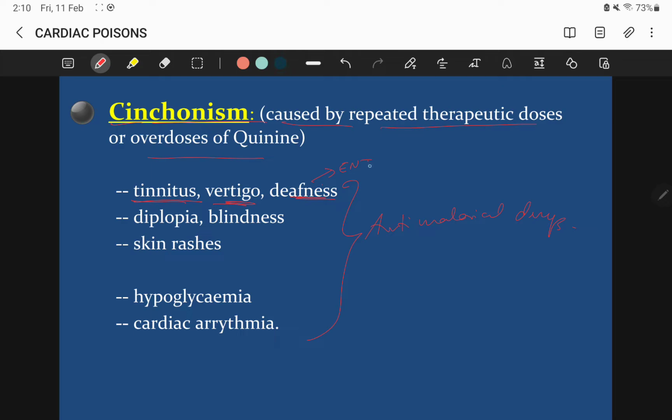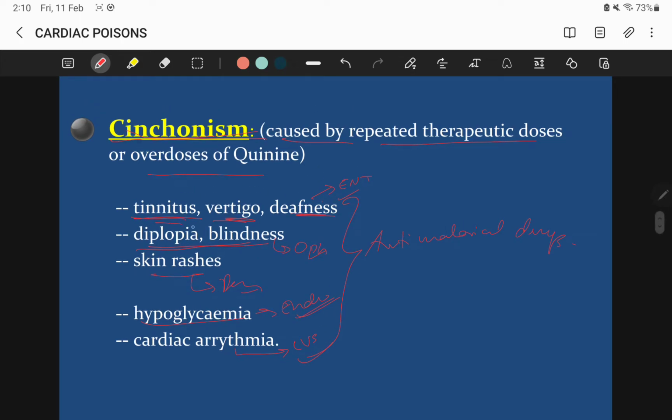Then diplopia and blindness, that is ophthalmology. Skin rashes, dermatology. Hypoglycemia, which comes under endocrinology. And cardiac arrhythmia, which comes under cardiovascular. So these are the side effects of cinchonism: ear, eye, skin, hormones, and heart.